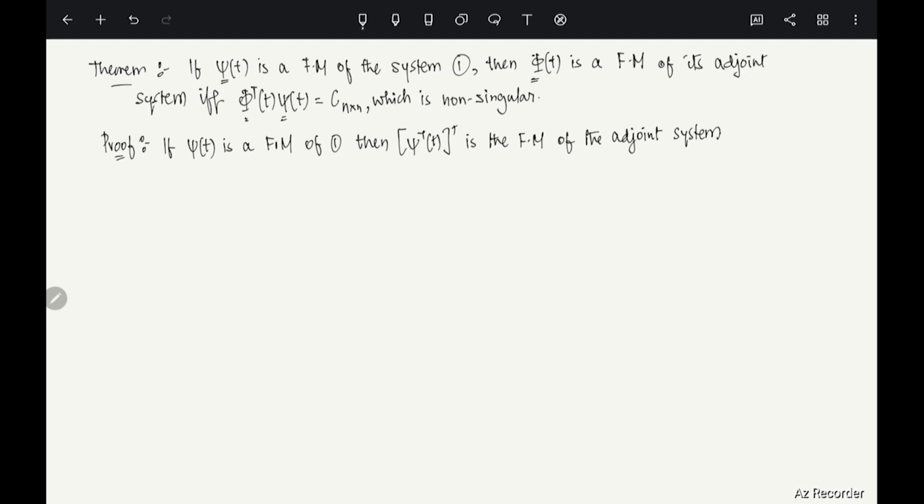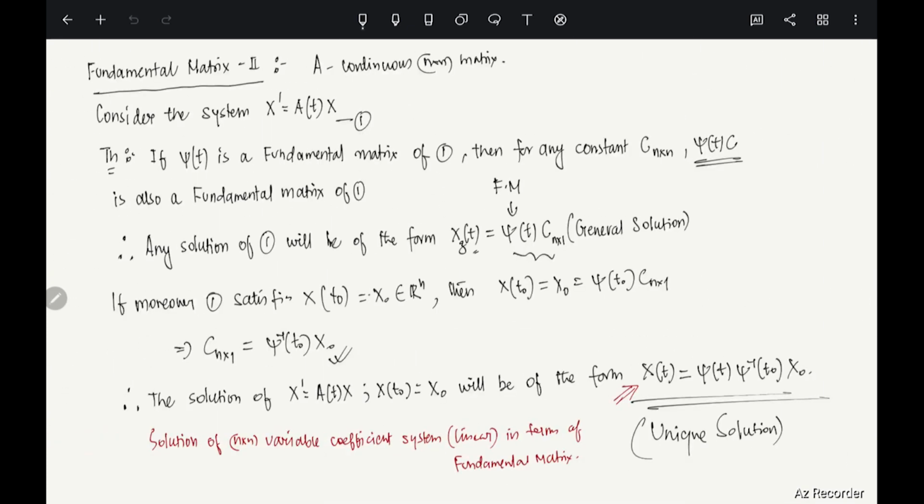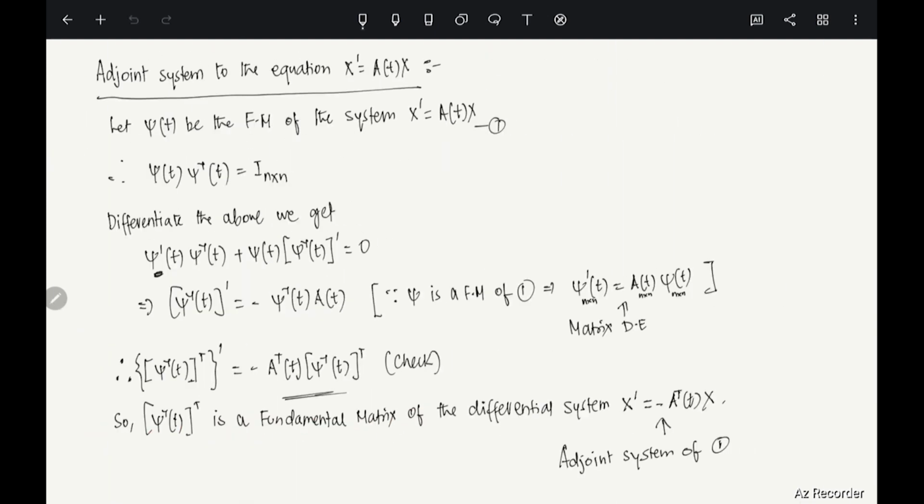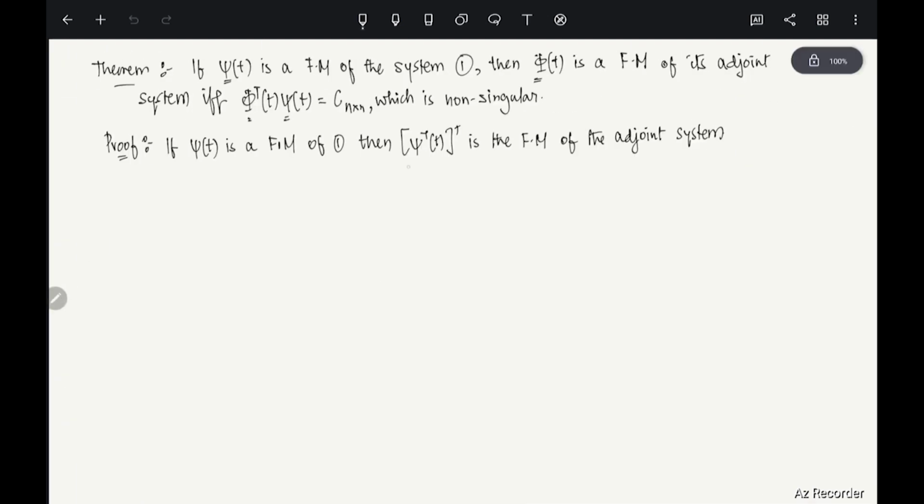So what we have learned is this. You remember the first theorem which we talked about in the last video? If phi of t is a fundamental matrix of 1, then for any constant C, phi t times C is also a fundamental matrix, and any fundamental matrix will look like phi t times C. That's what we proved. So if psi inverse of t whole transpose is a fundamental matrix of the adjoint system, and what is the adjoint system? It is given by x prime equals minus A transpose x.